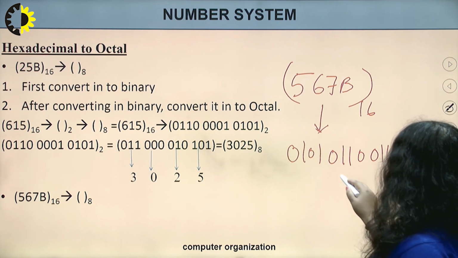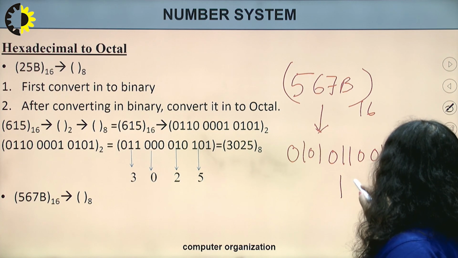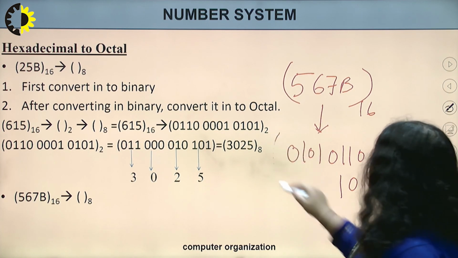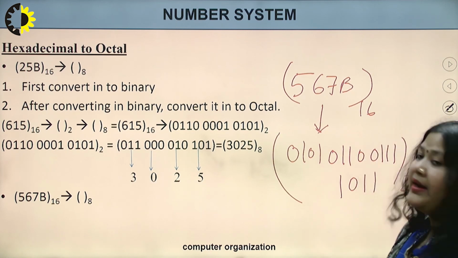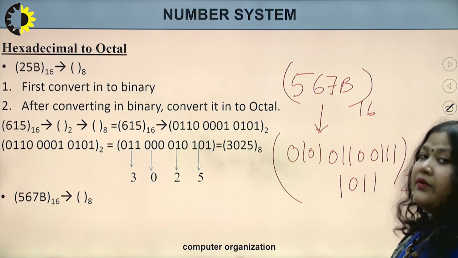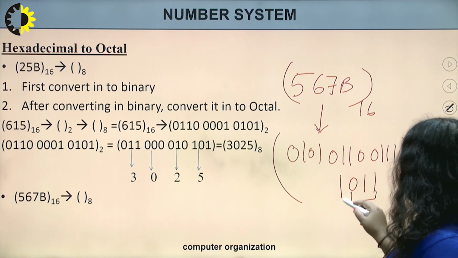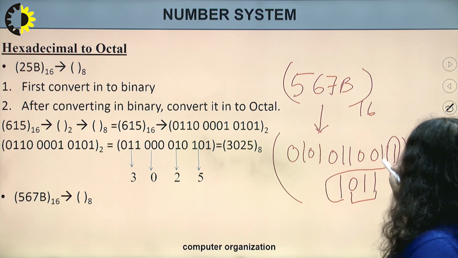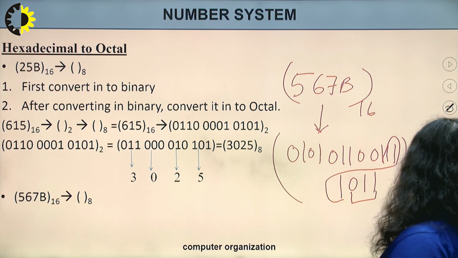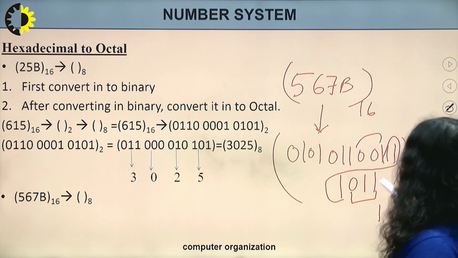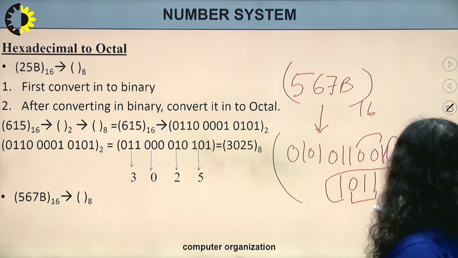So it is basically 1011. Now this is the binary representation of the hexadecimal number. Then again, when we convert this number into octal form, we take the grouping of 3. This is the grouping of 3, and this is the grouping of 3. So it is basically 3, 7, 1.